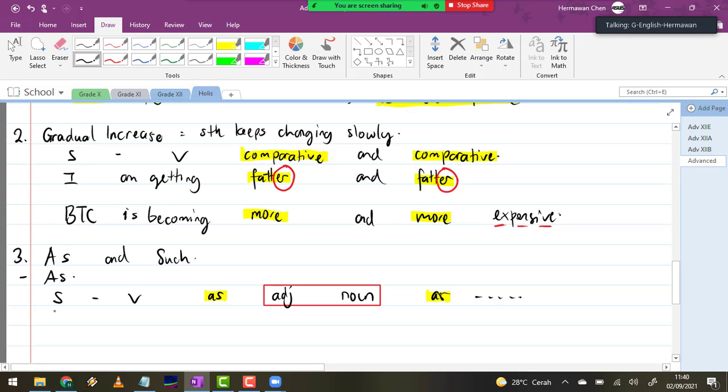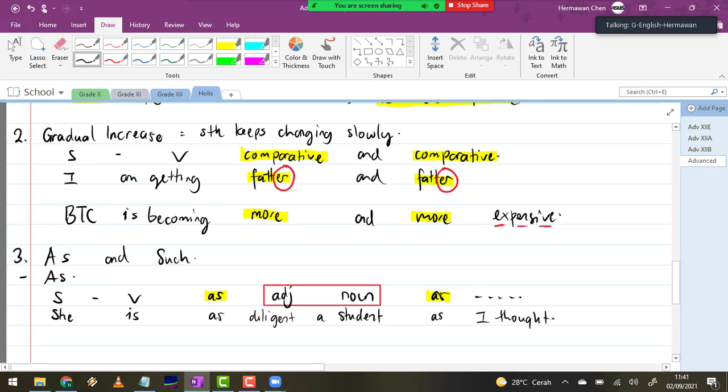Let's take a look at the example. She is as diligent, I'll use diligent. Let's say she is a student. That's the noun. As I thought.